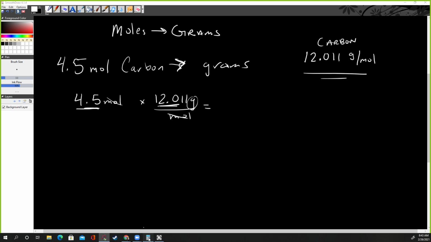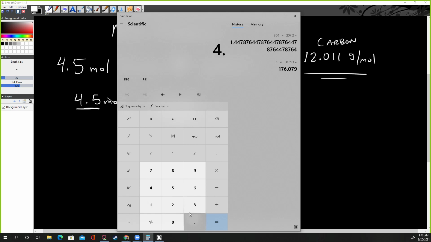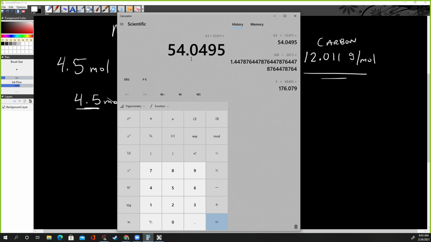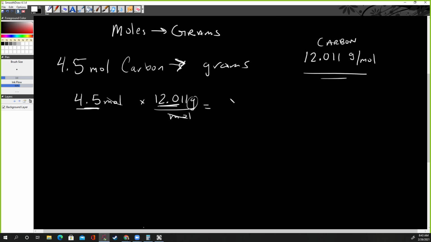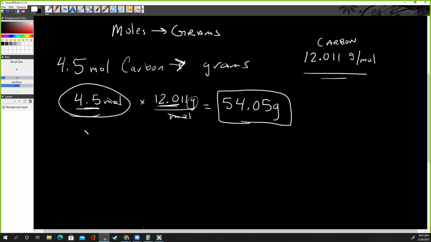So let's do that. Let's take 4.5 times 12.011, and we get 54.0. I guess I can round this one up to a 5 because there's a 9 there, so 54.05 grams. That's how many grams it would weigh if I had this many moles of carbon.